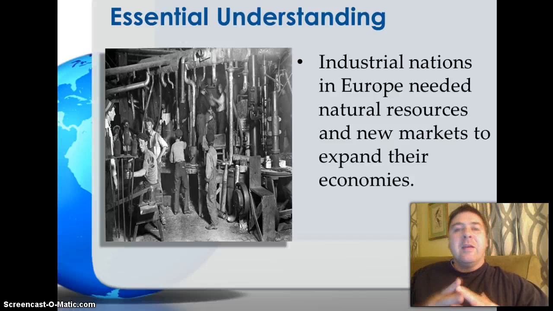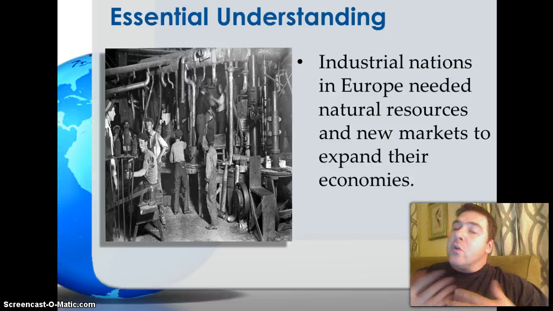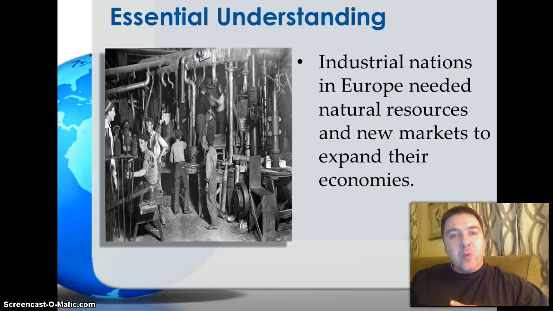By the mid-1800s, 100 years into the Industrial Revolution, Europe had pretty much burned through all of its own supply of natural resources, and they needed a new source, and Africa and Asia supplied that need.